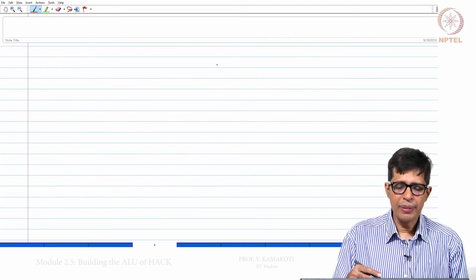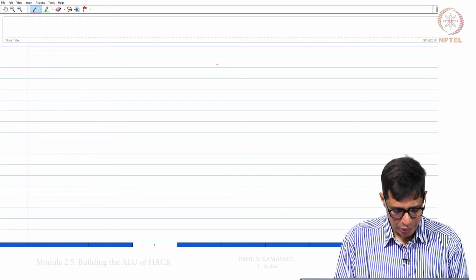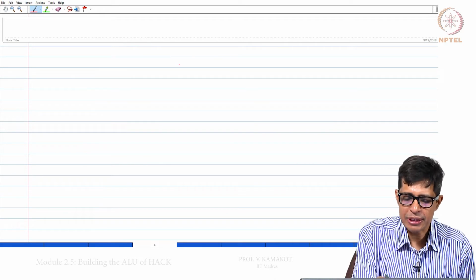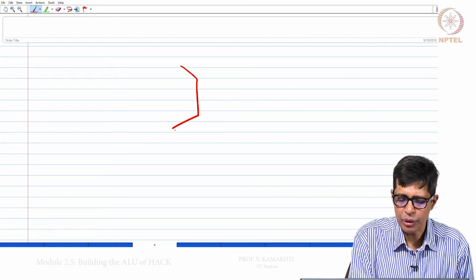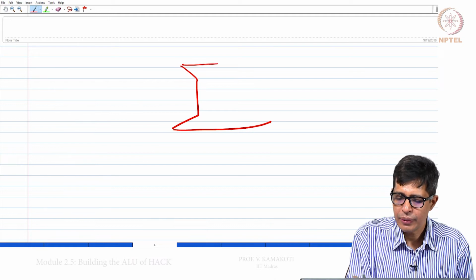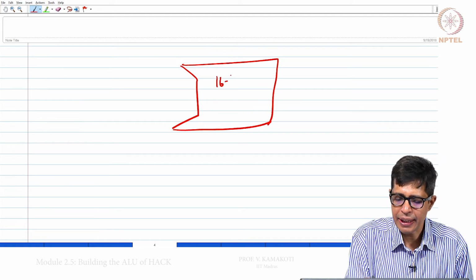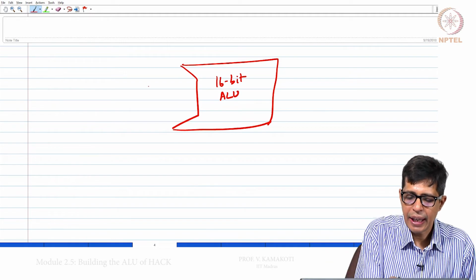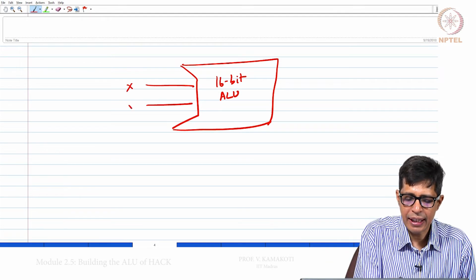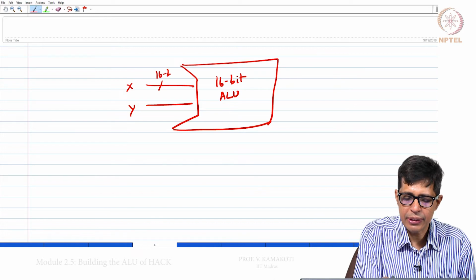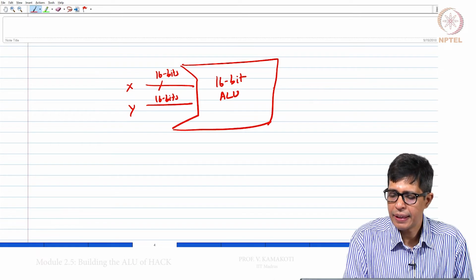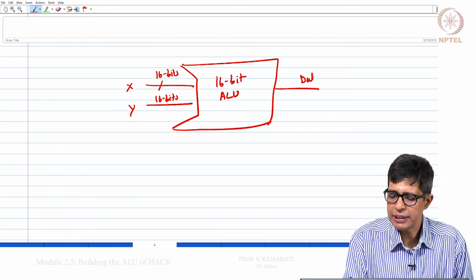Now we will discuss a bit more about the ALU and how we can use it for different types of operations. Let me just redraw this ALU for you. This is the 16-bit ALU, and I have the x and y, the data coming in 16 bits, and then this is the output which is 16 bits.